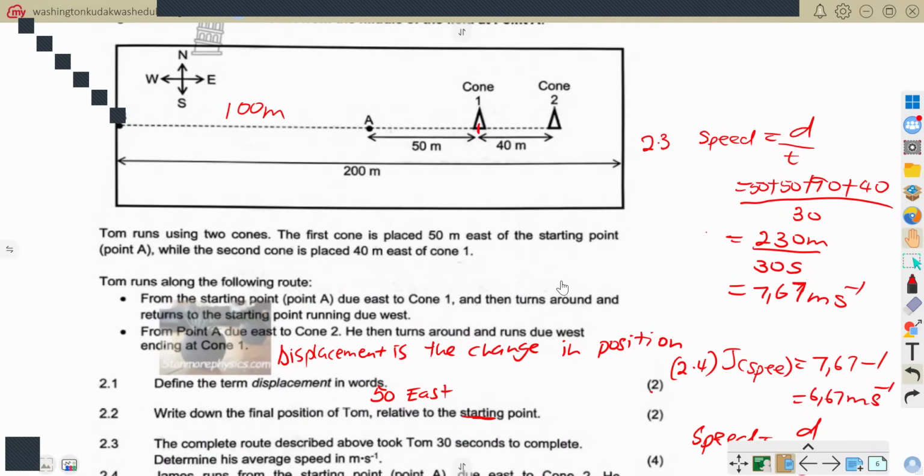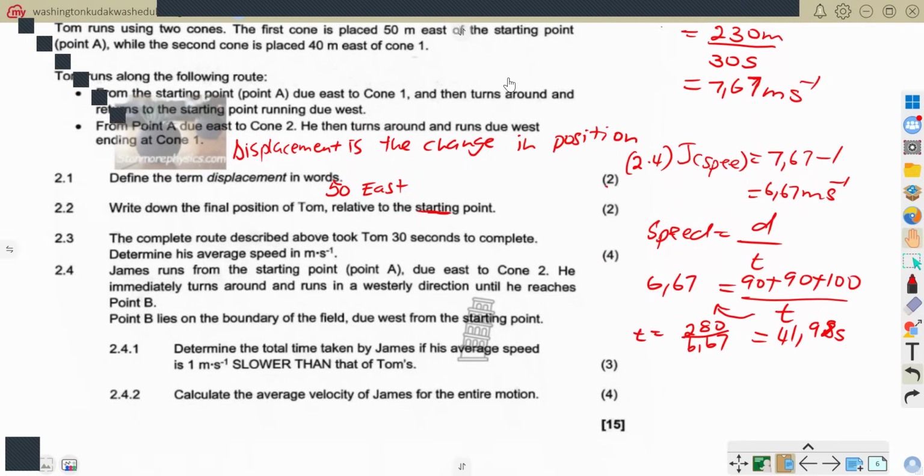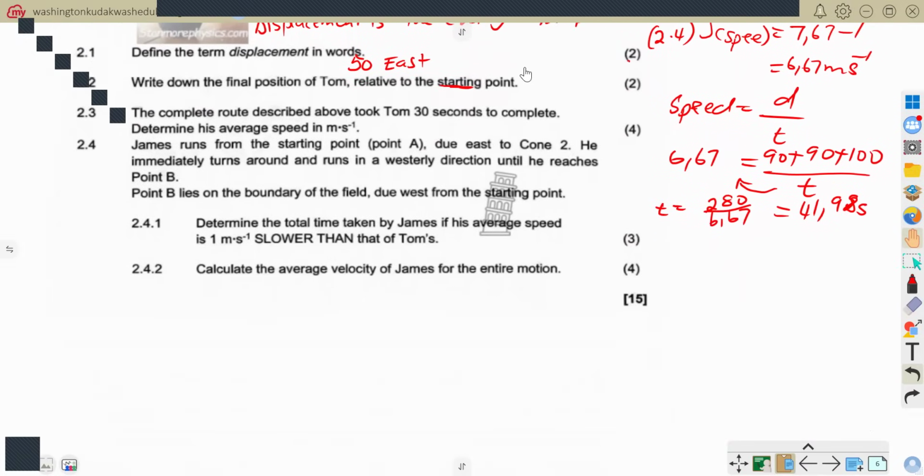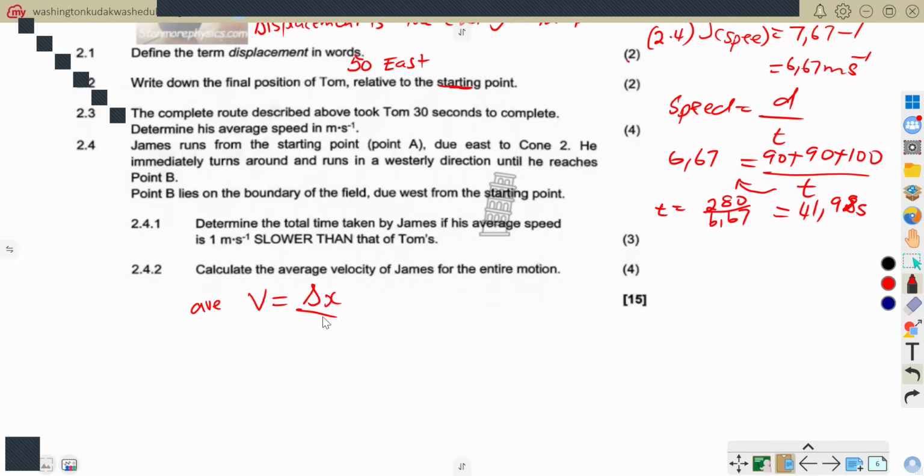So our average velocity will simply be equal to the change in displacement, which is the change in position, divided by the total time it took to change that displacement.